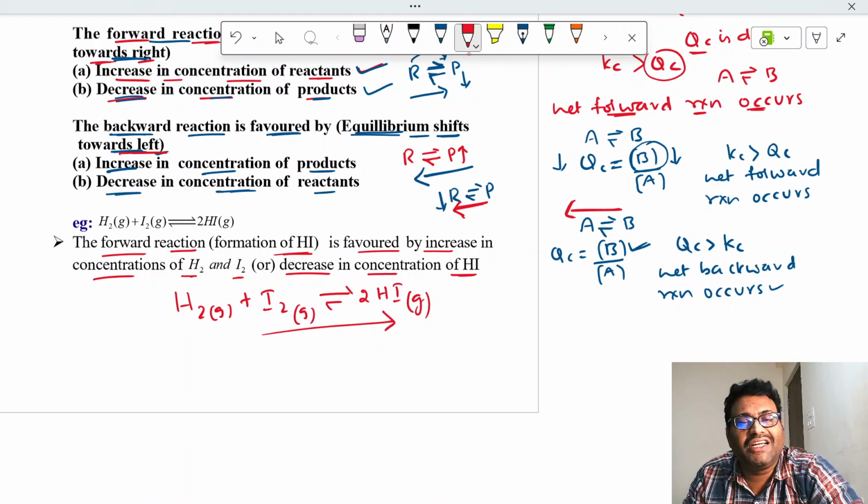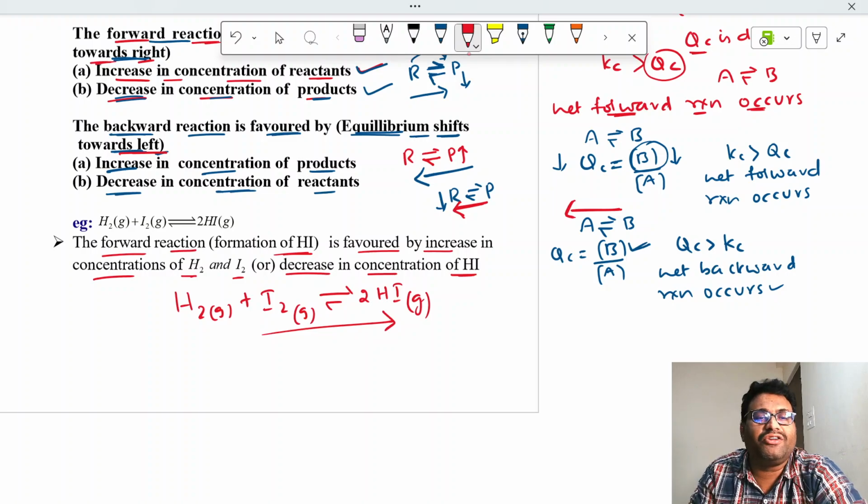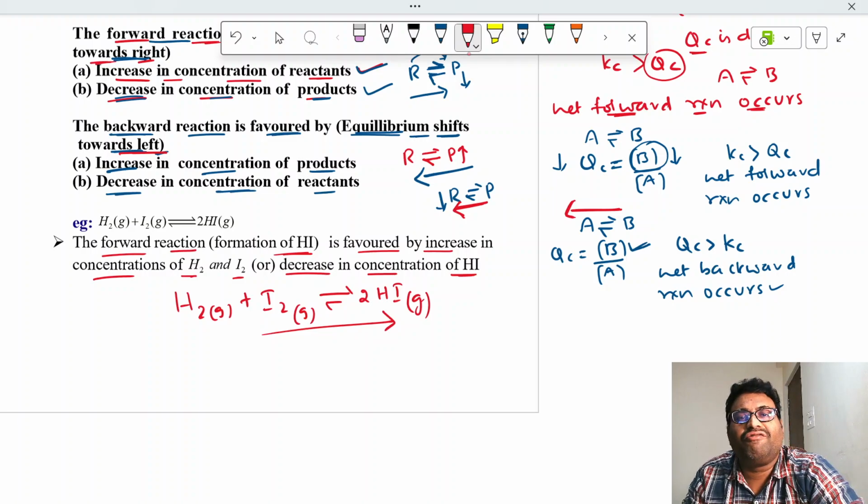So either you decrease the concentration of HI or you increase the concentration of H2 or I2, then net forward reaction occurs. As it is happening in the right direction, we say that the equilibrium is shifted to right. Understood?